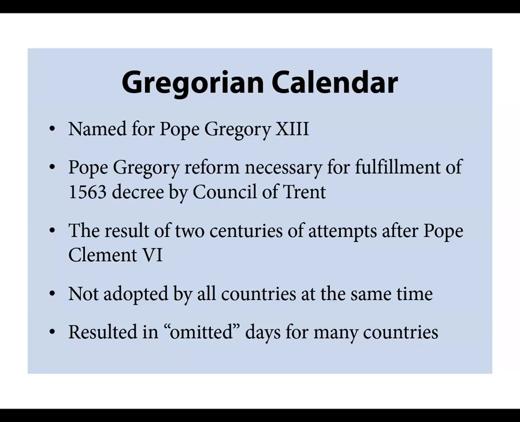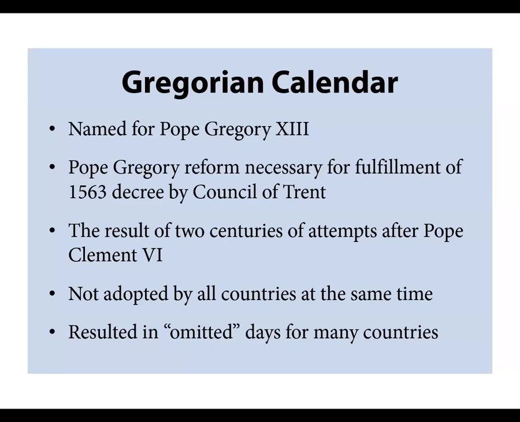He talks to a lot of different astronomers. He brings a very famous astronomer in to deal with this. There's a lot of mathematics. There's a lot of people who weigh in on this, and ultimately, he adopts it. He releases it. He signs his papal bull in 1582, but not every country is going to adopt it at the same time.